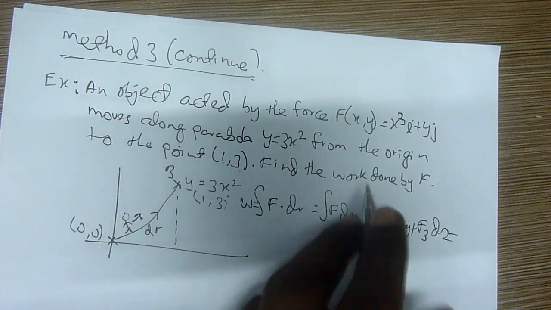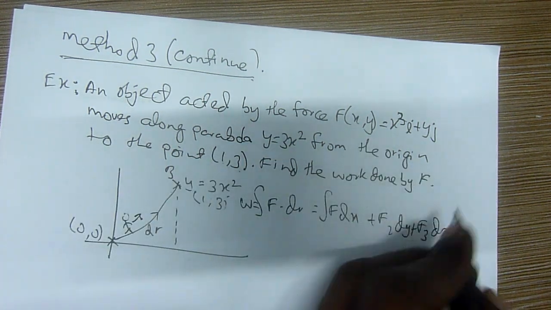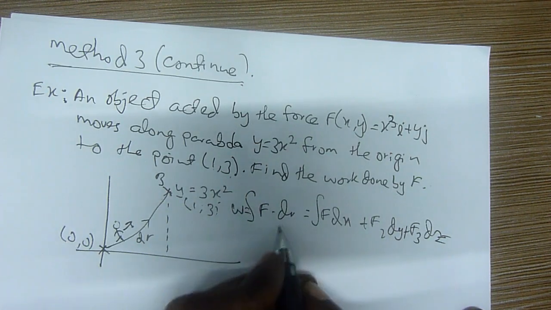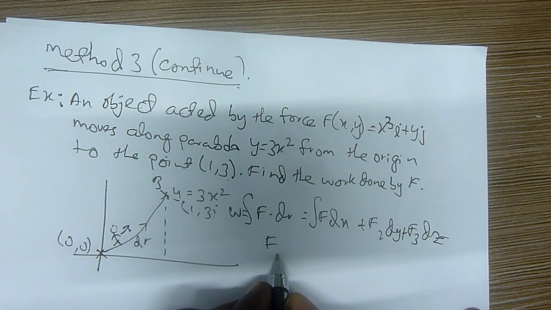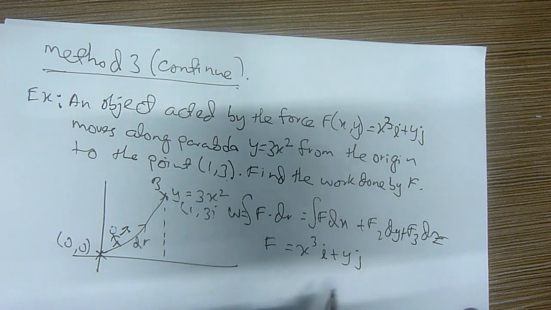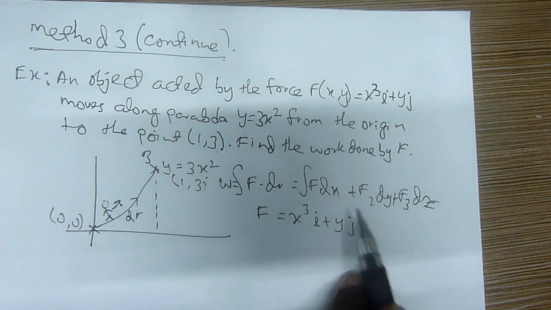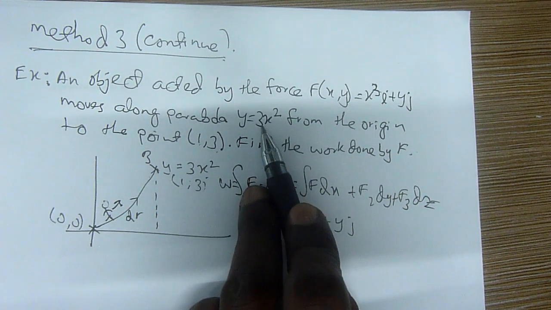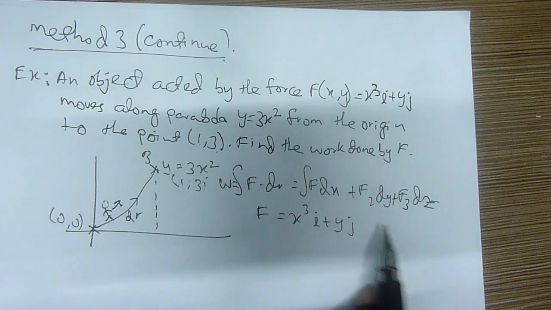Can I use method 2 to solve this problem? Can. Let me show you one by one. F is x^3 i + y j. Yes, you can use this method here.